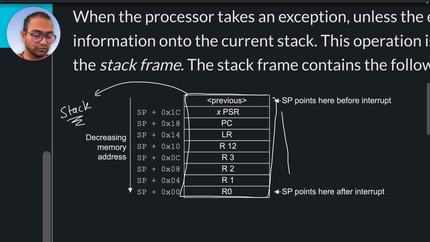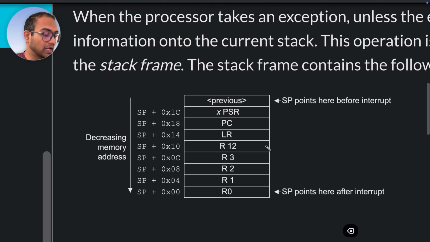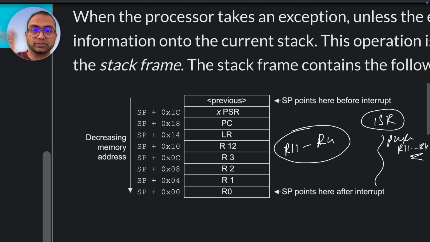That's what it does, and we talked about this in the exception model. The key point is some registers are not saved. And those registers we are supposed to manually save as soon as we land in the ISR. So, something like so. We're supposed to do something of that nature, right? Push the registers onto the stack.